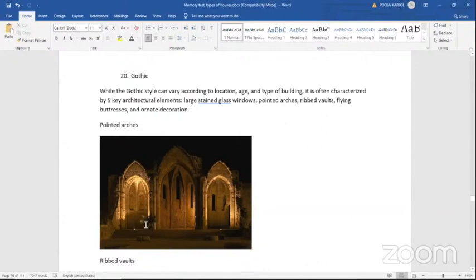Can you tell me what your general interpretation of Gothic is?